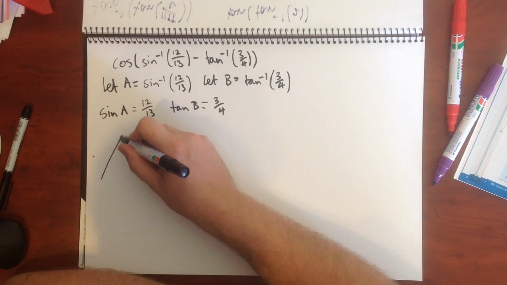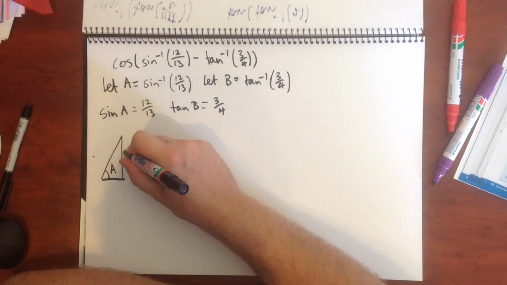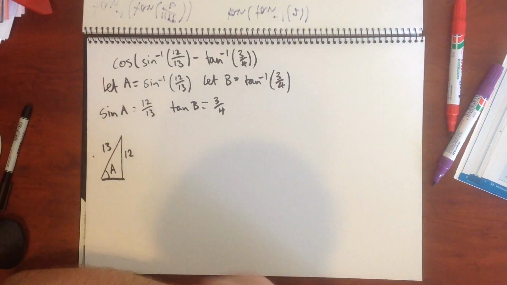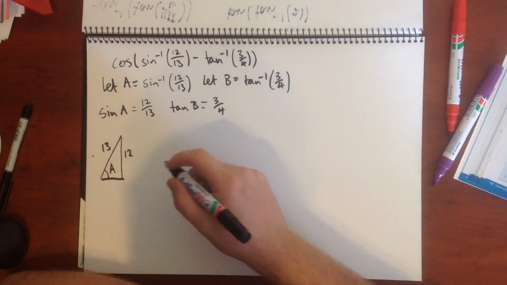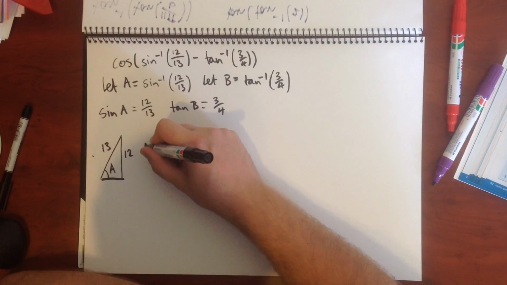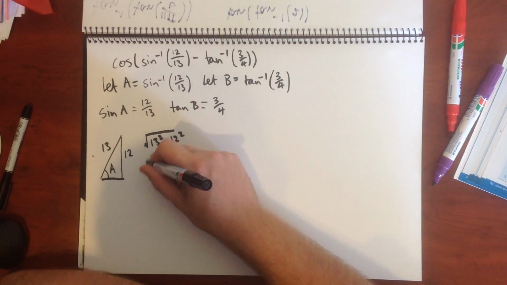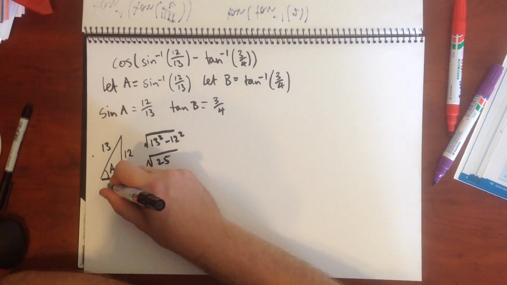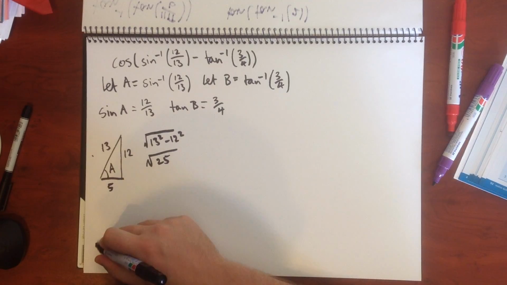We've got angle A there, we've got 12 and we've got 13. So we need to work out our other side, which will be the square root of 13 squared take 12 squared, which is the square root of 25, so it's 5. And we've got to set up a triangle for this one.